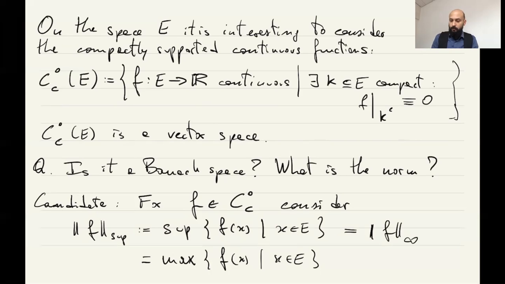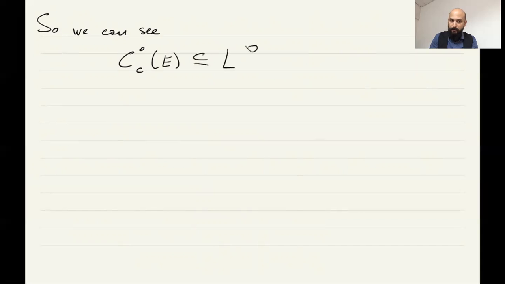So in other words, what I'm saying is that we can see C0 compactly supported as a subset of L infinity of E. It means all those functions that are bounded.